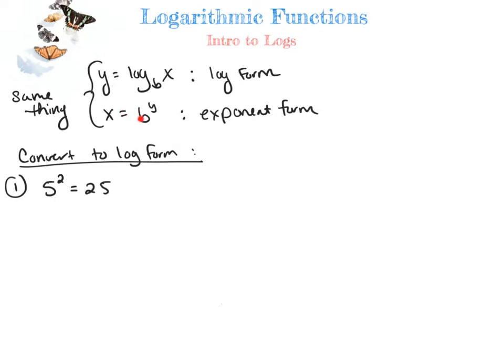When I'm converting from exponent form to log form, there are a couple of things that I want to line up. First is the base. Notice that the base underneath the exponent, b, is the same as the base underneath the log. So for our problem, the base underneath the exponent is this 5.